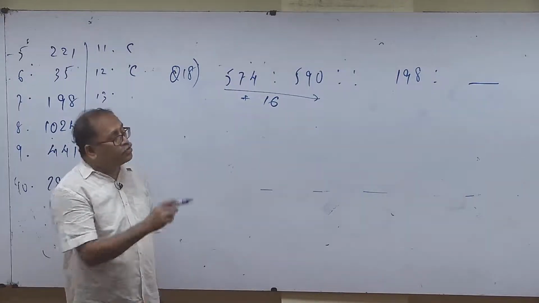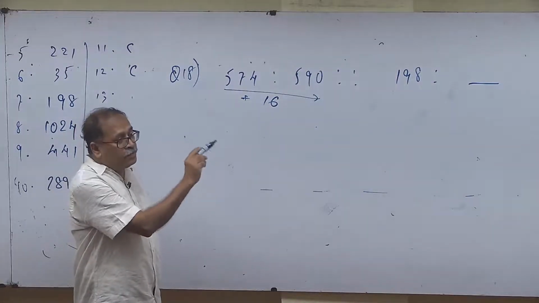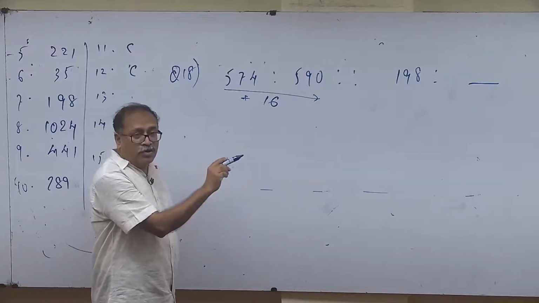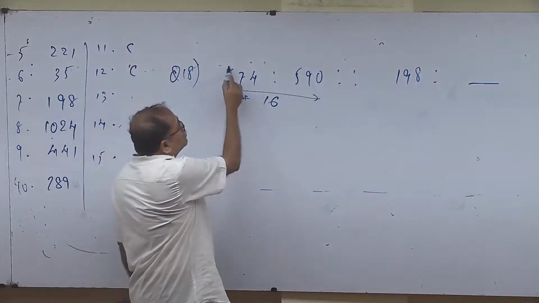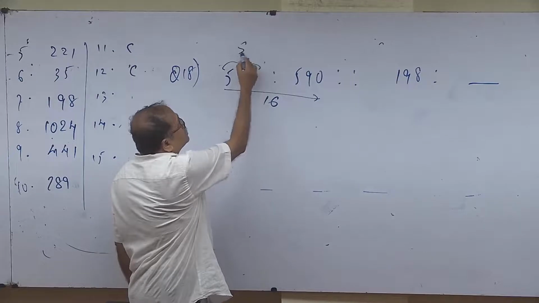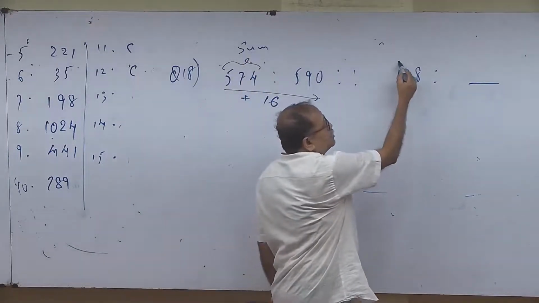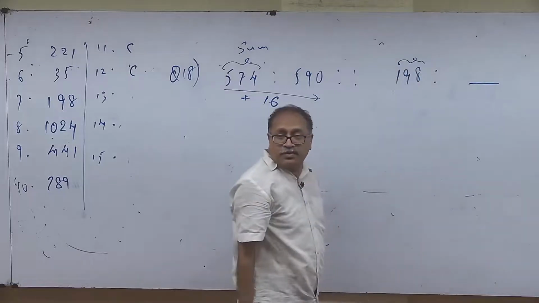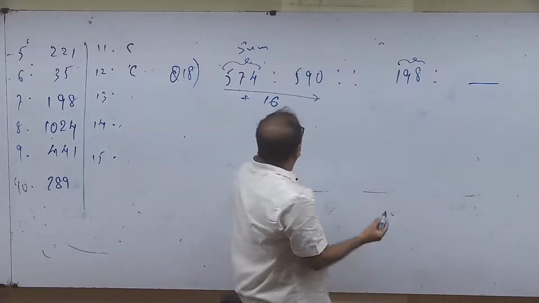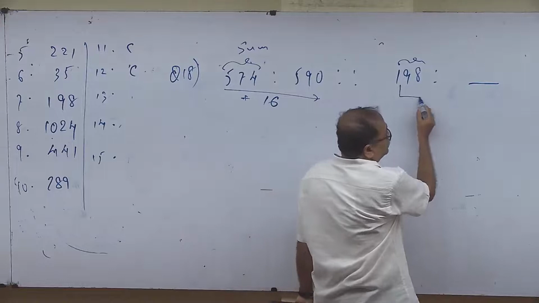No, that could be either simply plus 16 or the number 16 comes by the sum of the digits. In that case I will be taking the sum of the digits, which will be 18. But first I will try plus 16 and see what happens.